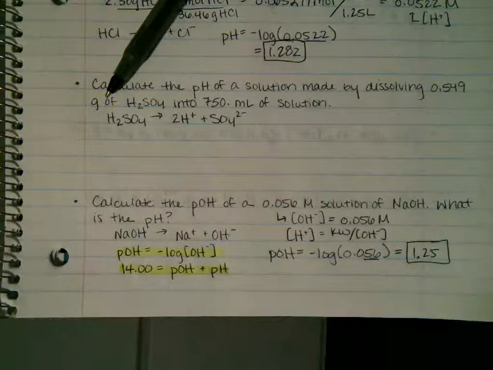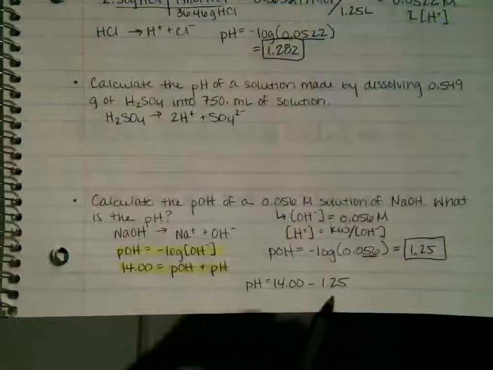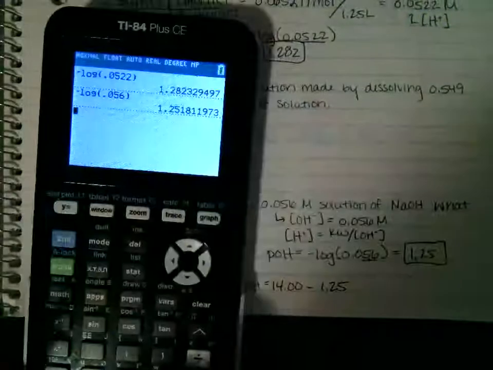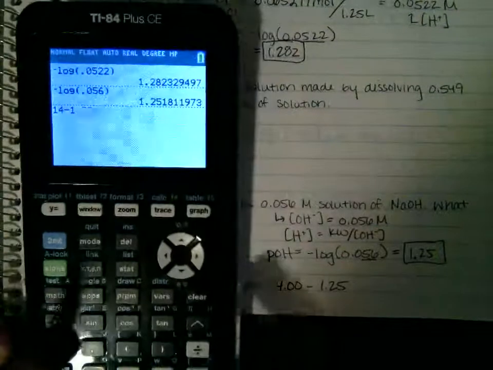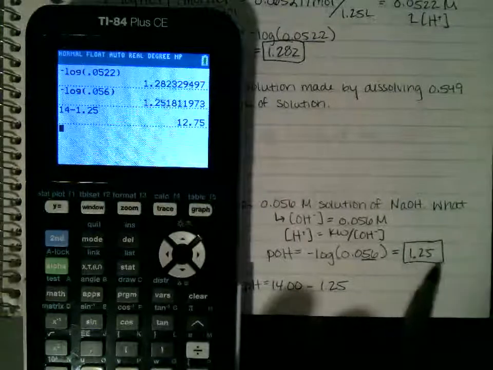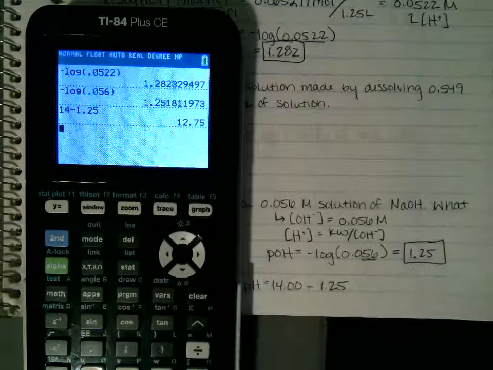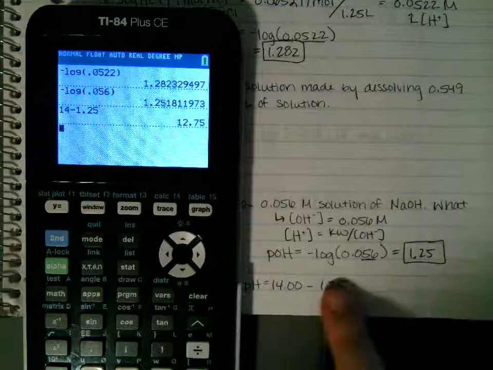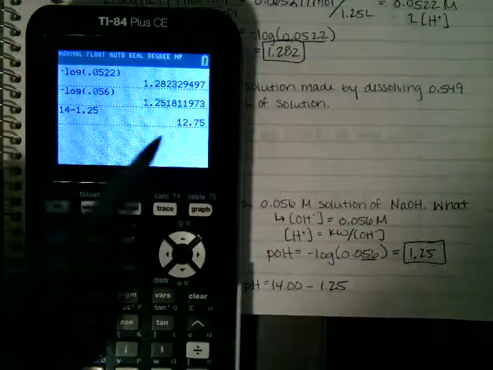So if you know your pOH, you know that the pH is going to equal 14 minus that pOH value. And you just want to make the sig figs match up. So 2 digits past the mantissa, we're going to do the same thing for our pH. So now we would say our pH is 12.75.